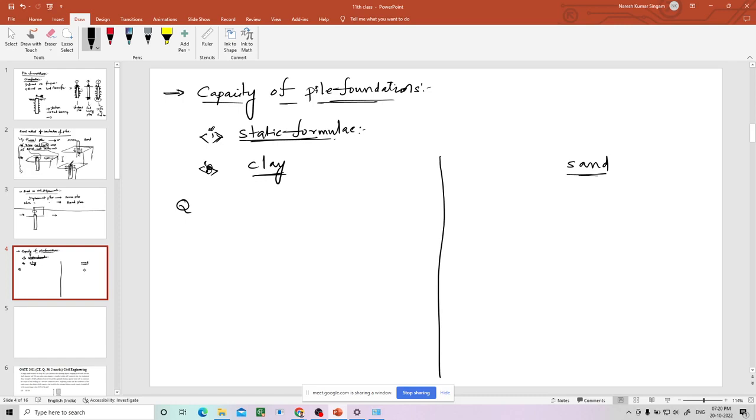If capacity is denoted by Q, in shallow foundations we have studied this formula, which I have given once. The bearing capacity is c Nc plus gamma dash Df Nq plus half gamma dash B N gamma.